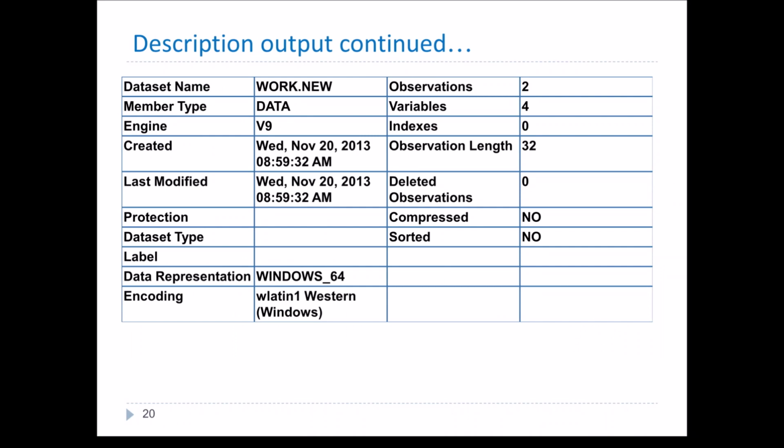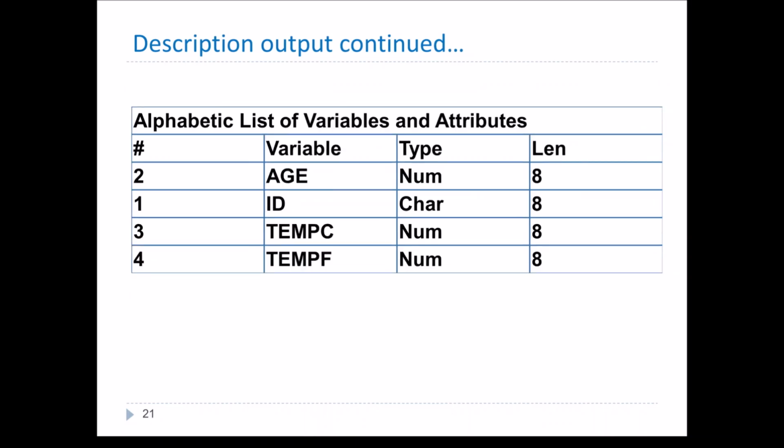All right, and then it continues on and tells us about more of the information within this data set. And I'm not going to go through all of this information, but as you can see there, lots of information. And finally, it's going to give us an alphabetic list of variables and attributes. So we see now we have age, ID, temp C, and temp F in alphabetical order, their type, and their length.